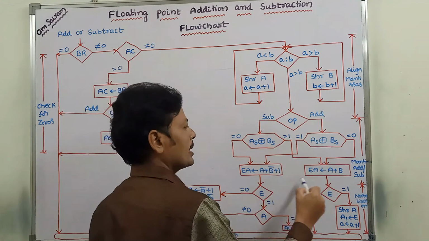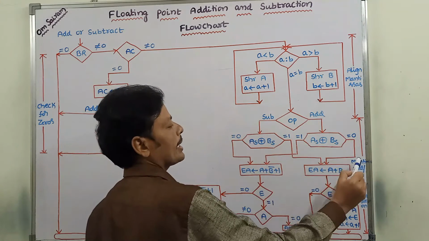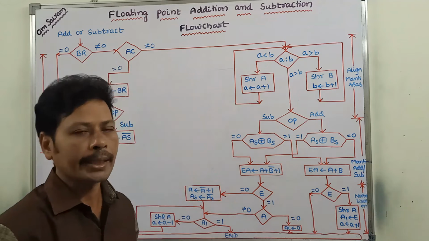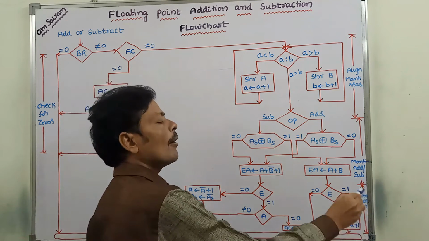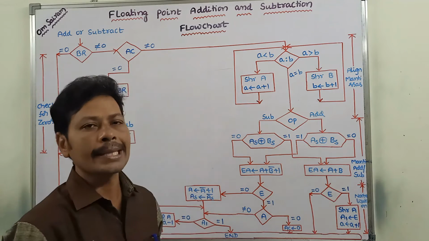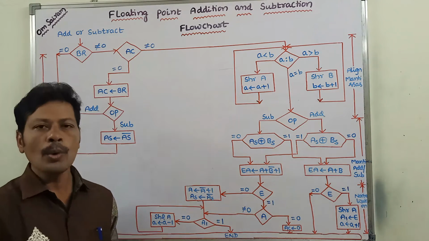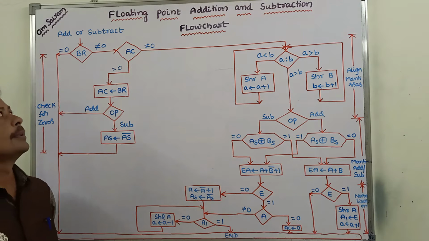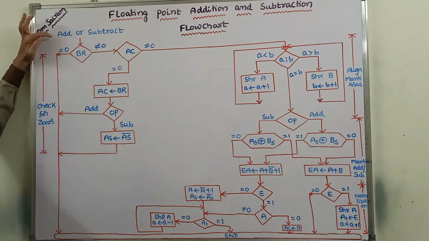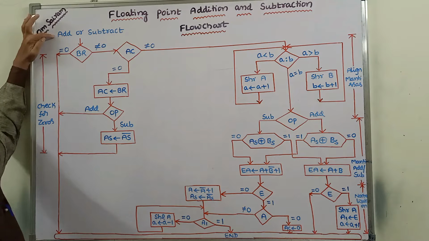This one represents the third step, add or subtract the mantissas. This one represents the fourth step, normalizing the result. Now we have to discuss each and every step in the floating point addition or subtraction, and start the addition or subtraction between the two floating point numbers.